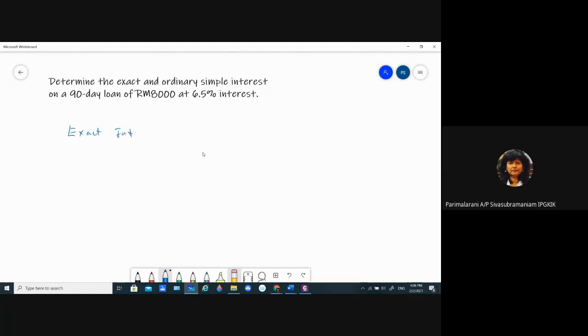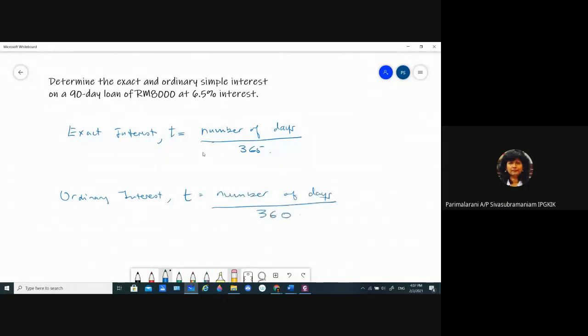In exact interest, T is number of days over 365. Ordinary interest is the banker's method. T is equals to number of days over 360. This is what we say is the banker's method.